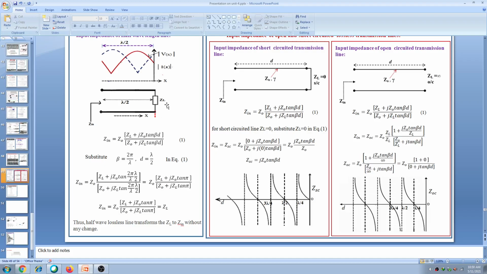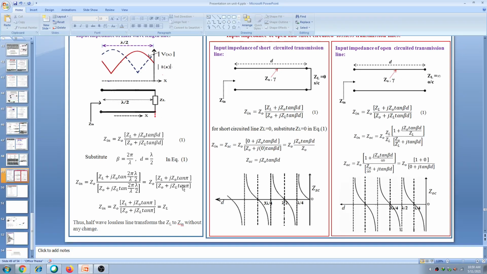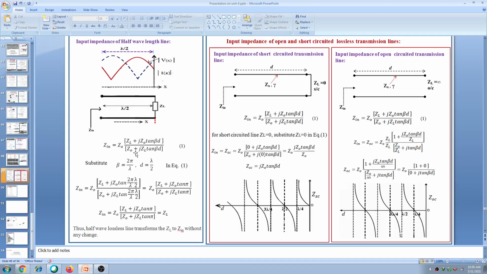It also finds some other applications, which we will discuss later. This is one proof that for a half wavelength line, impedance repeats.